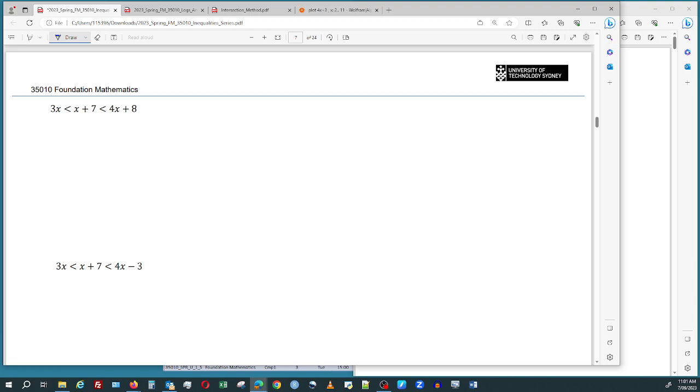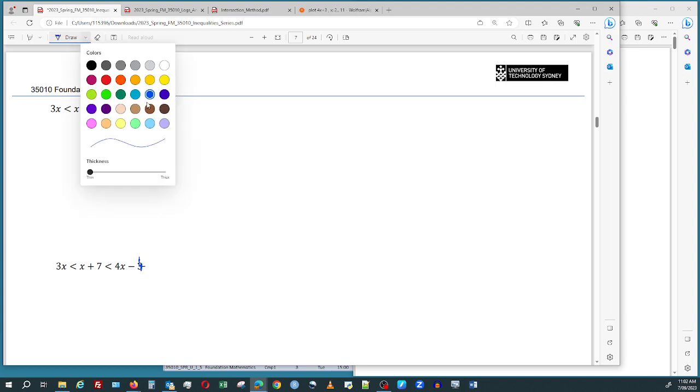Okay, so what we want to do here is make a modification. We're going to change that to a 4. So actually there's a better way to do that.